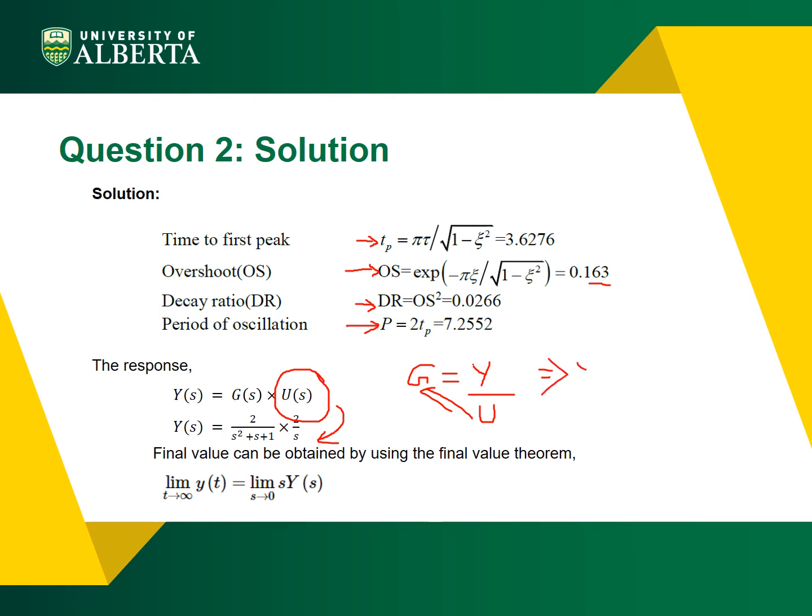So we get y is equal to the transfer function into u. And then we can apply the final value theorem to compute the value of y of t at final time. To compute that, we have to substitute the limit, because we have an equation in the s domain. We use s tends to 0, s into y of s.